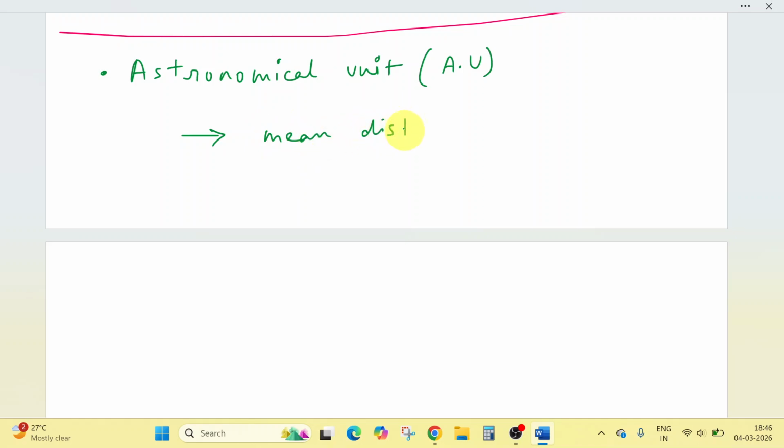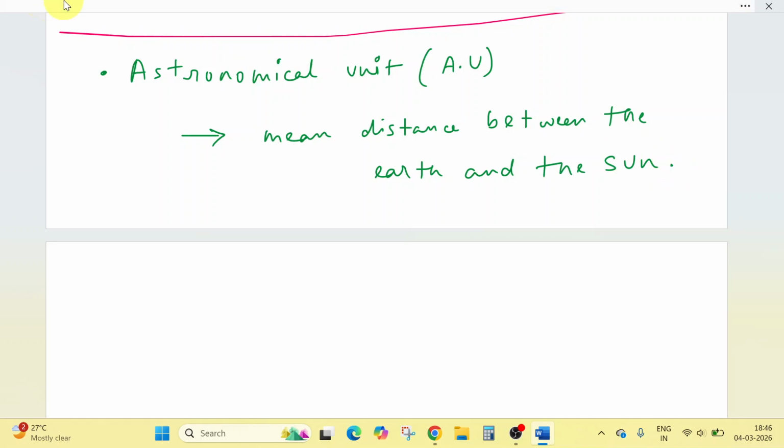Mean distance between the earth and the sun. Mean means average, because you know the distance is not the same every time. The orbits are not circular, right? Average distance between Earth and Sun.